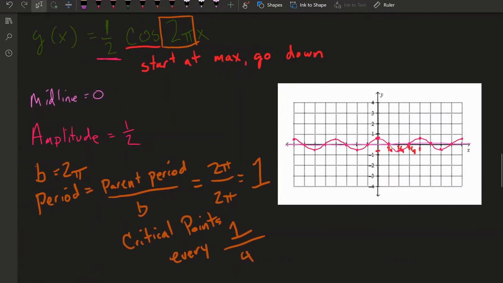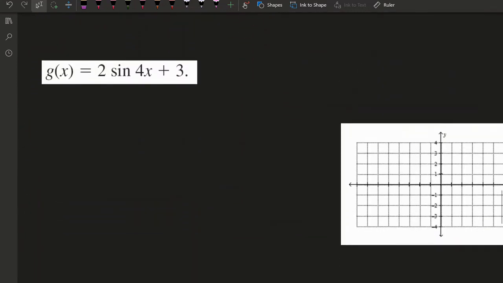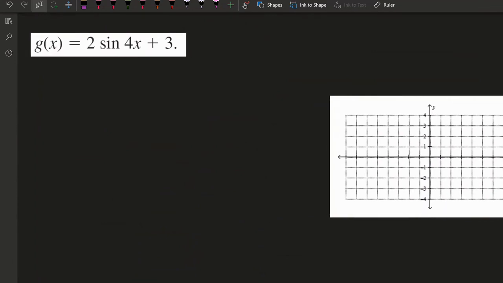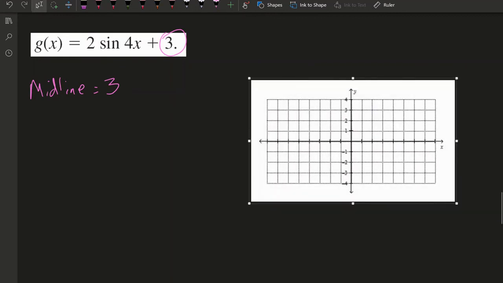Okay, let's do some with some shifts. All right, so picking some things off. First thing that I notice here, we haven't done this one yet. The midline in this one is 3. So that means that I'm going to have, let's move this guy over just a little bit.